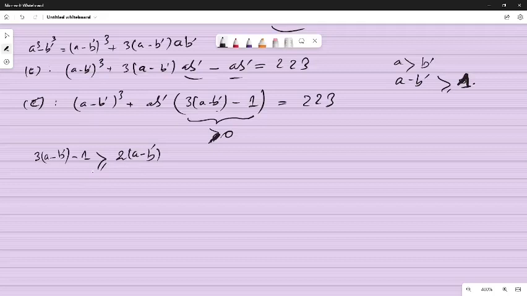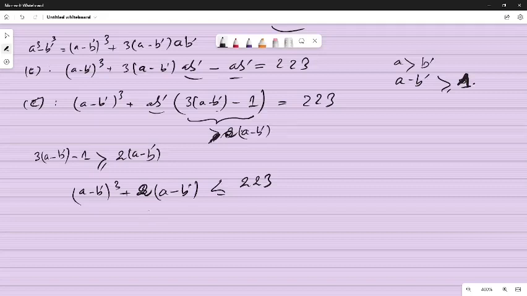So we have (a minus b prime) cubed plus ab prime multiplied by 2(a minus b prime) is less than 223.